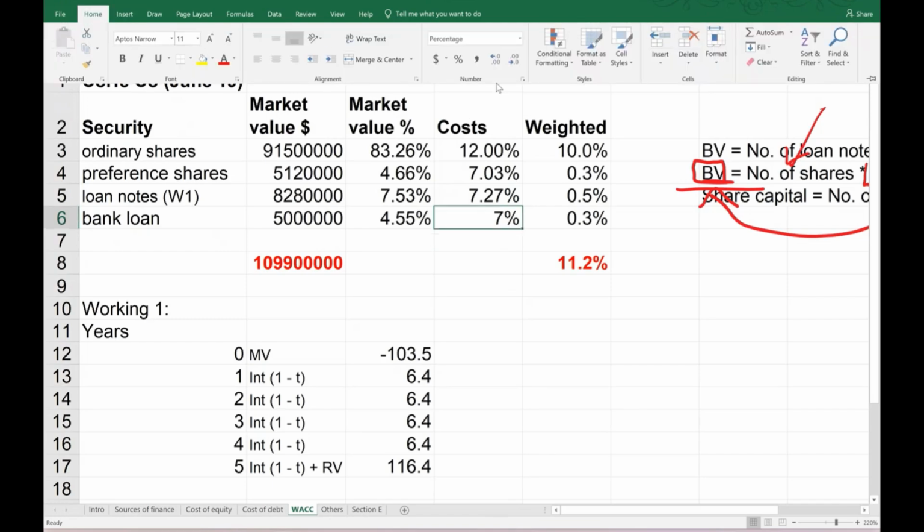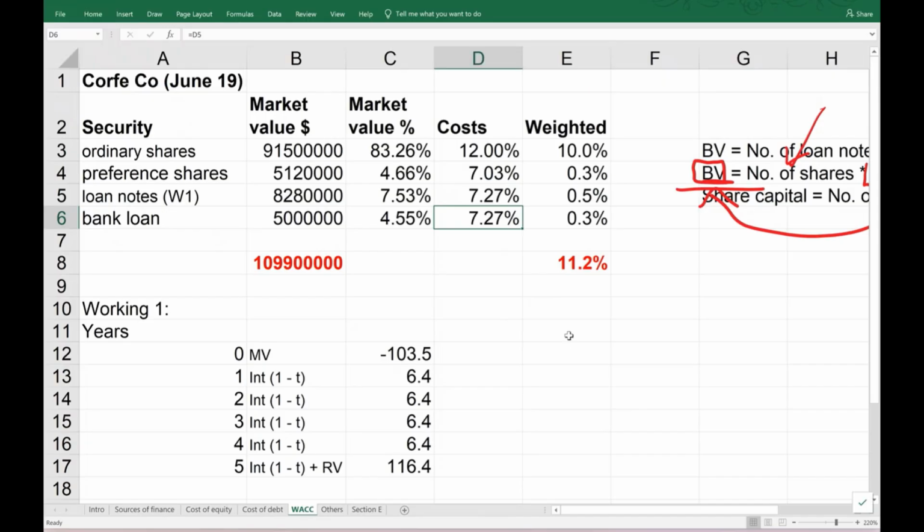So the WACC is 11.2%. That's my WACC. That's my answer for WACC. Then for the bank loan we will use simply bank loan interest into 1 minus T. Because it's not fixed, it's variable, it varies.